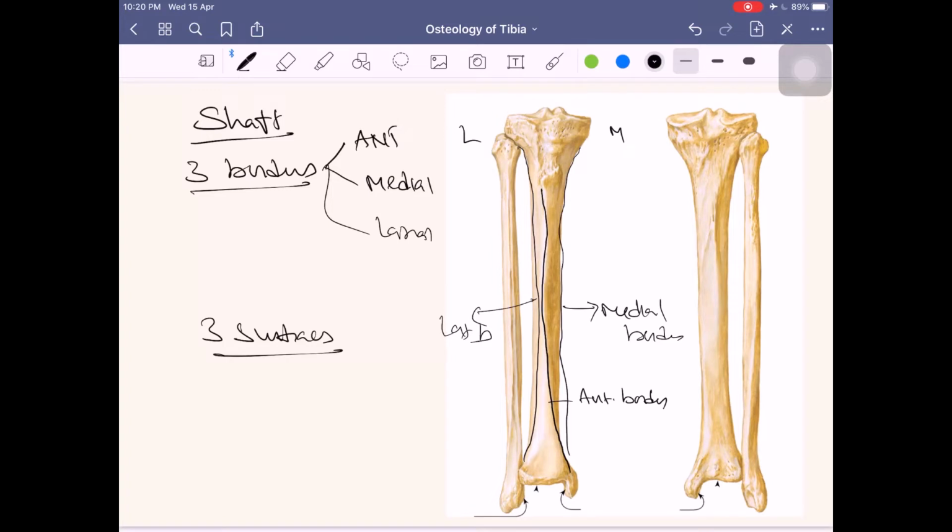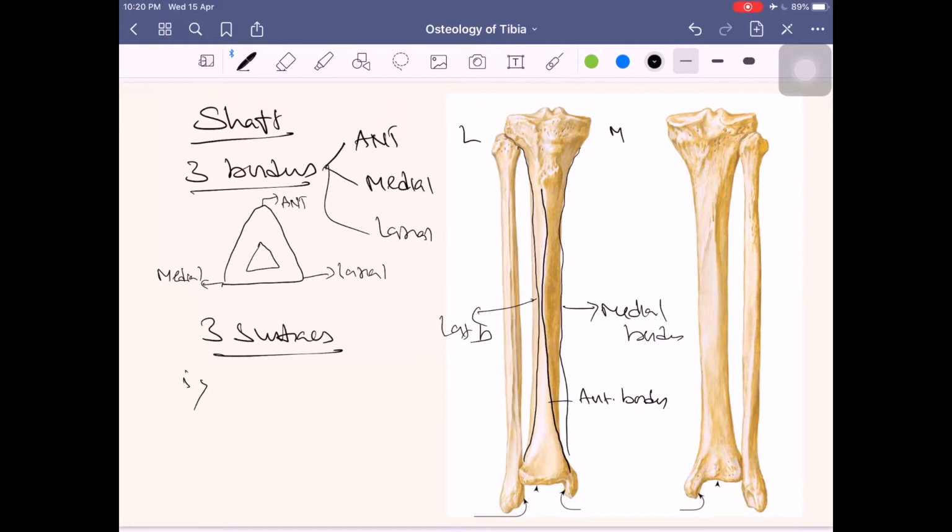So these are your three borders, and if you cut the bone transversely or horizontally, in the front you get your anterior border, and on either side, one side you have a medial border, another side you get the lateral border.